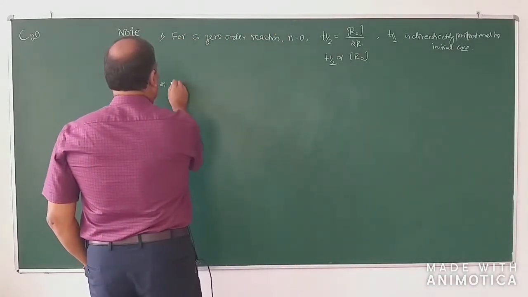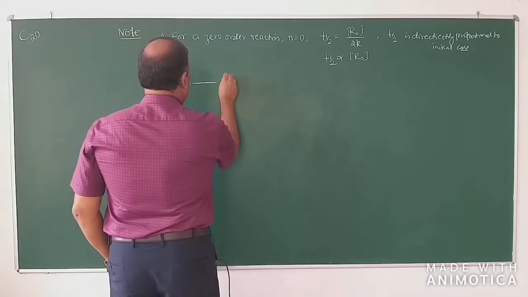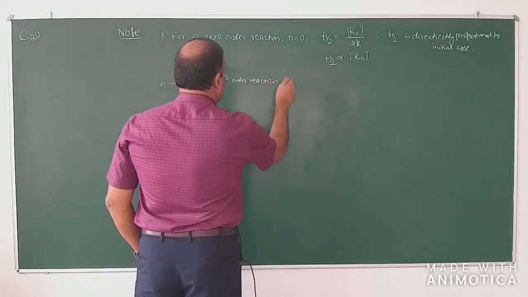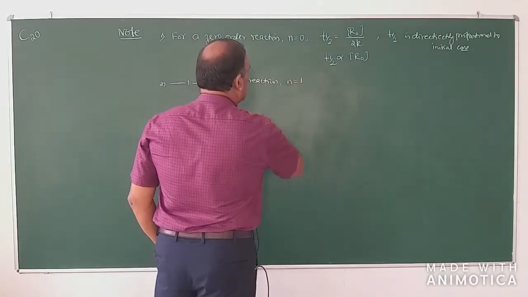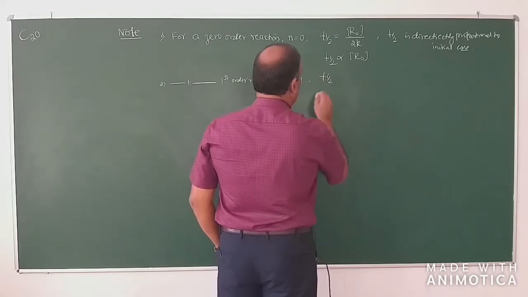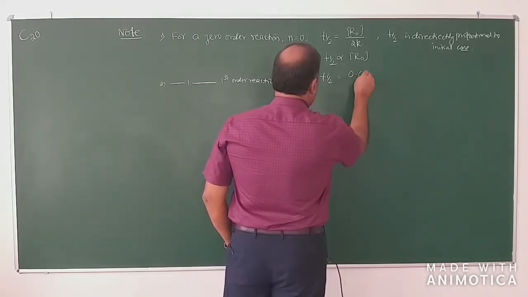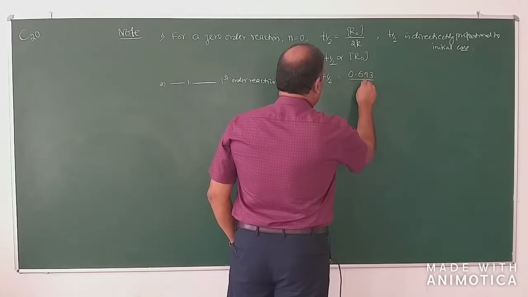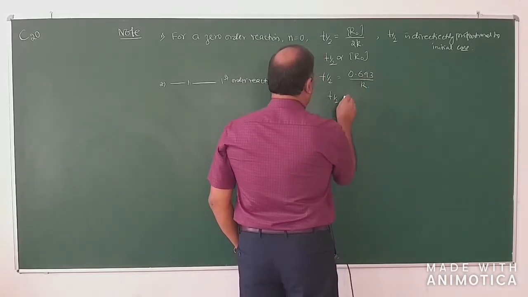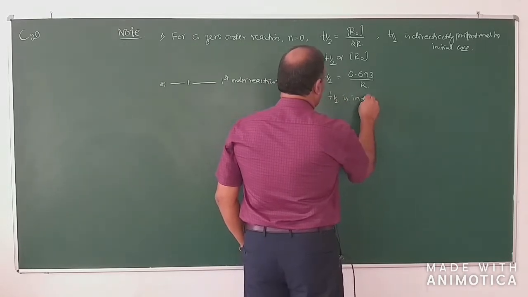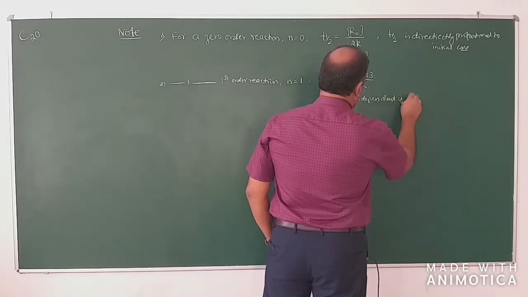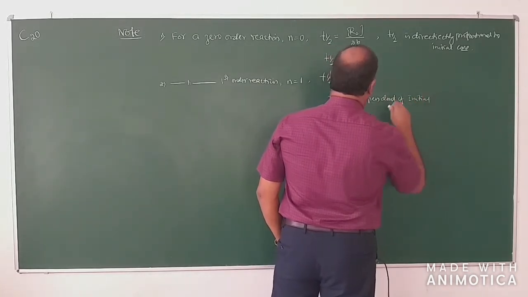Similarly, for a first order reaction, n equals 1. So what is the equation for half-life period? t half equals 0.693 divided by k, or t half is independent of initial concentration.